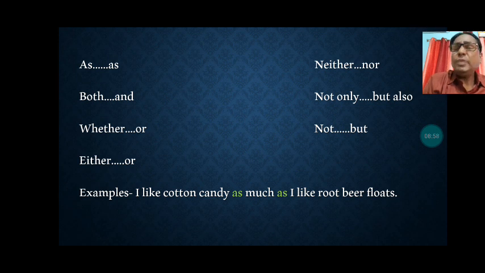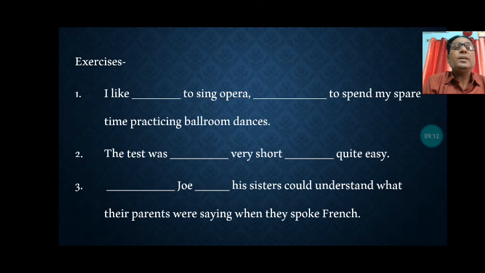These are some of the correlatives, and they come in pairs. Example: I like cotton candy as much as I like root beer floats. You have been given an exercise so that you can use suitable correlative conjunctions in the blanks for your practice.